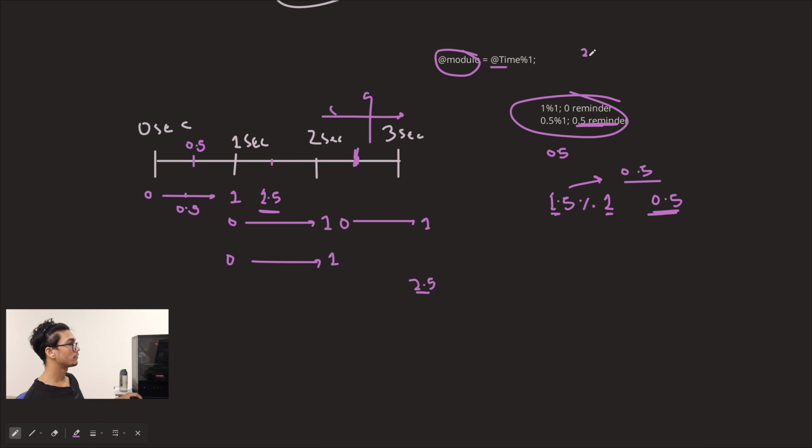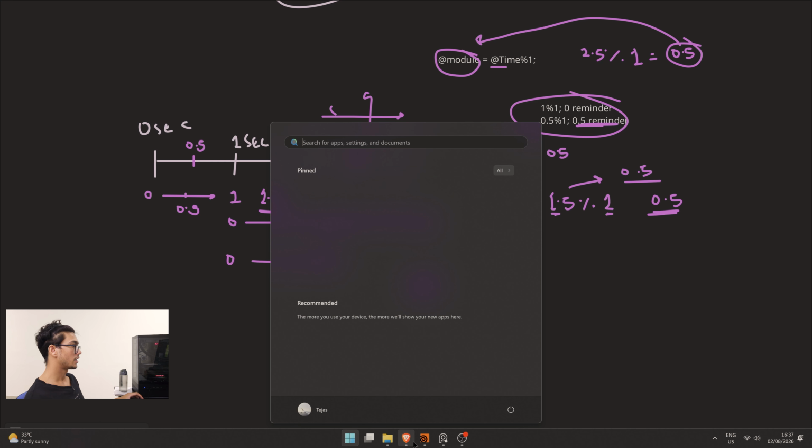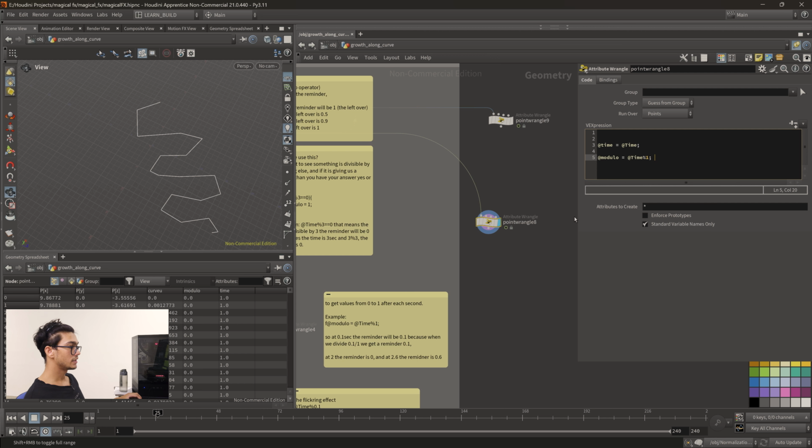So 2.5 modulo 1, you will get 0.5 as remainder, and this remainder value will go here. I hope you understand this because it's not that difficult to understand. And you will see when we are at 2 seconds we are getting modulo 0, and when we are at the middle of this we are getting 0.5 as the value, and when you go beyond 1 second you will get a similar value. So every frame we are getting a value between 0 to 1, right?